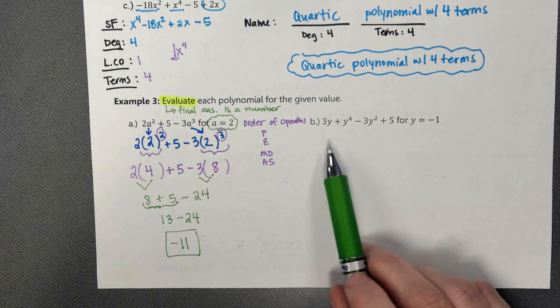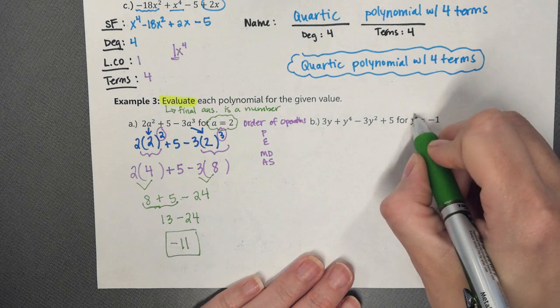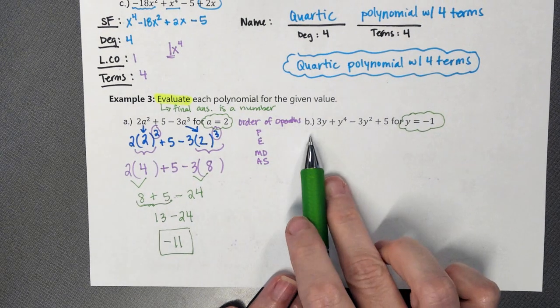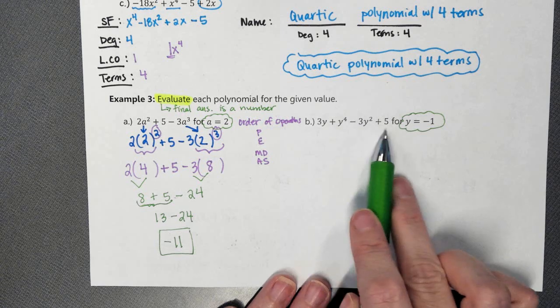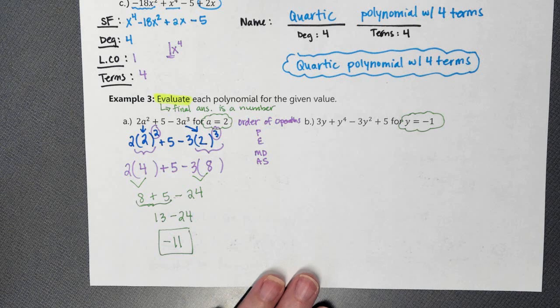Okay, so for B, you have 3y plus y to the 4th minus 3y squared plus 5. This is what you're going to plug in. What I recommend is you go through and any place there's a y, put parentheses. So I'm going to give you a minute to do that right now.